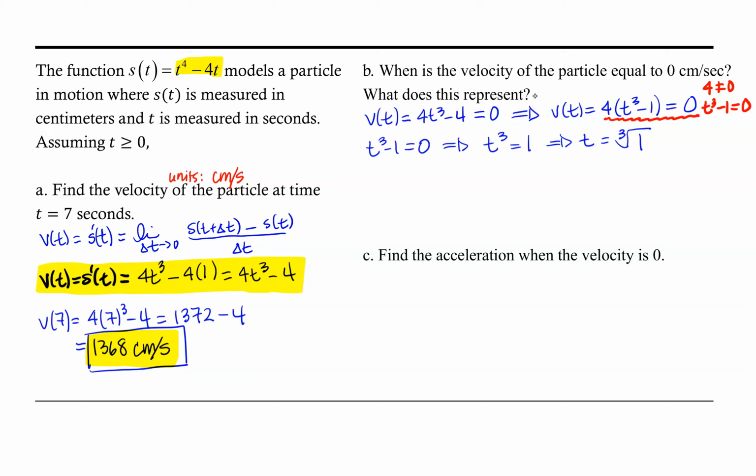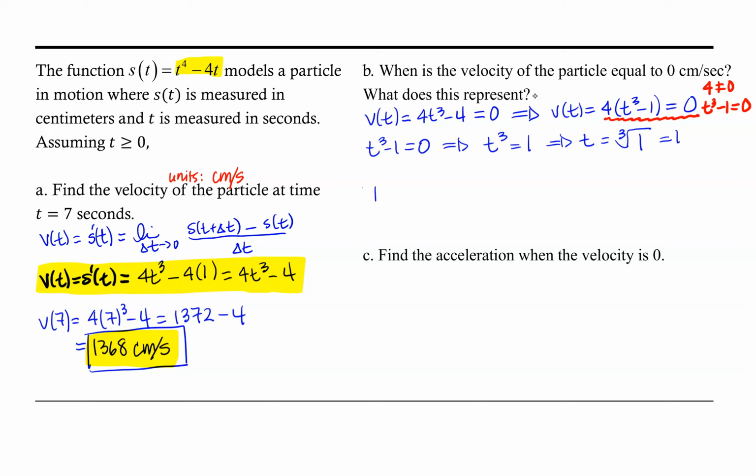When you cube a negative number, you still have a negative number. So the cube root and the cubing process both preserve the signs of the numbers. So t equals the cube root of 1. I don't need a plus or minus, and so this equals 1.